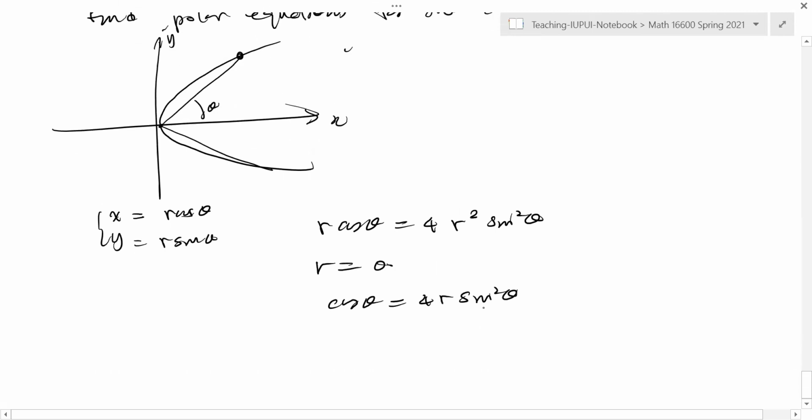We do have a trouble when theta equals 0. When theta is 0, what is the value of r?